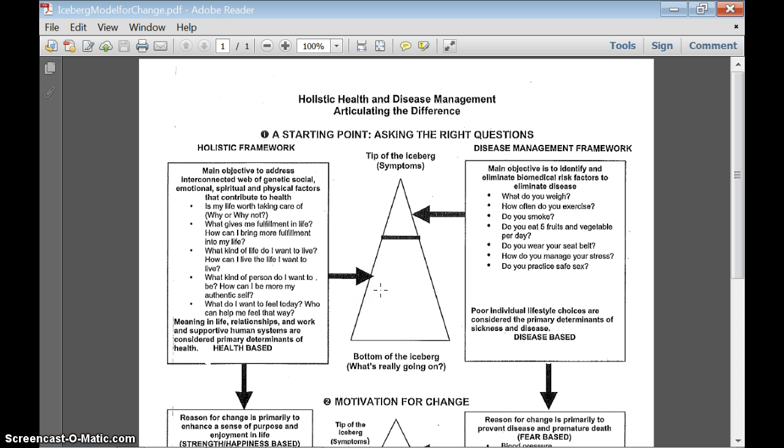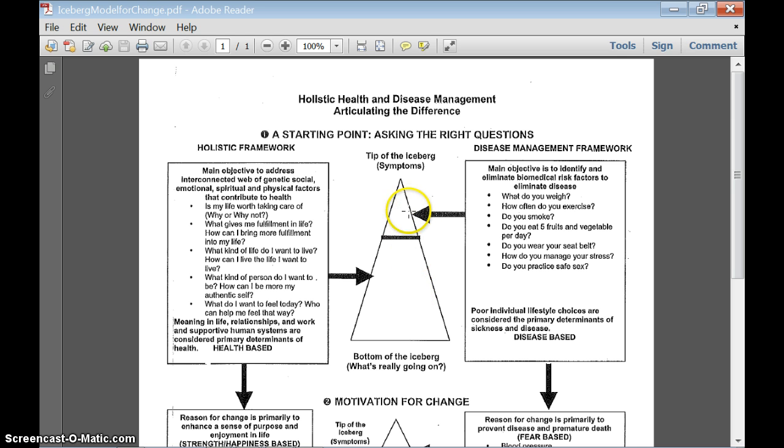So this is where we get into health coaching, wellness coaching, where you need to establish more of an understanding of each individual. So is my life worth taking care of? What gives me fulfillment? What kind of life do I want to live? All of these factors are really causes of health behaviors.